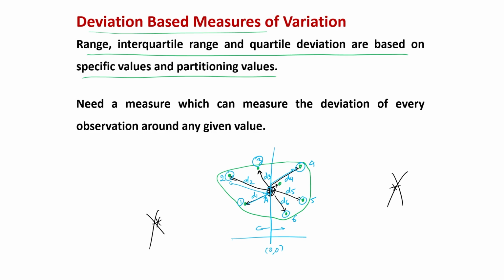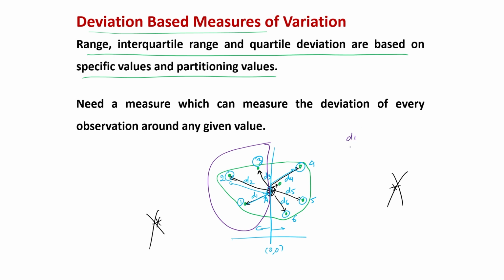But then we also want to measure the direction of this variation with respect to the point A. So, you can see very clearly that in this area the variation can be taken as negative.